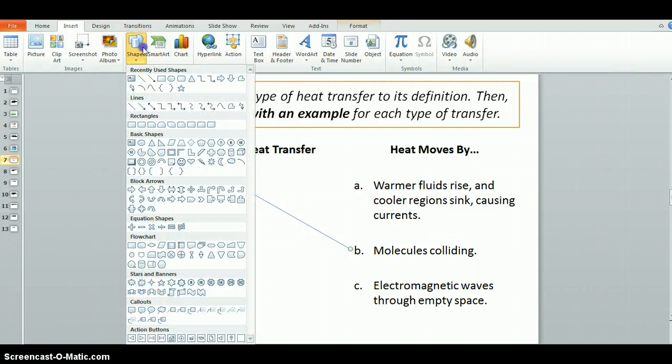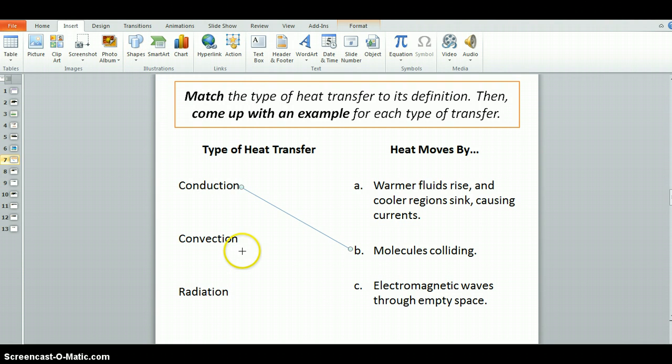Okay? Convection, on the other hand, is talking about fluids. So if I boil a pot of water, then the warmer water is going to rise to the top, even though the burner is on the bottom of the pot. The heat of that fluid will eventually rise to the top, because remember, just like air, warm water rises, heat rises.